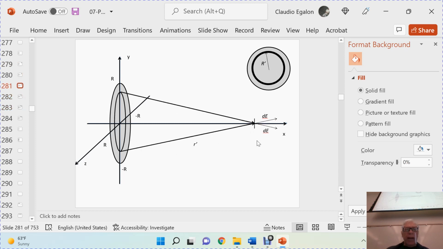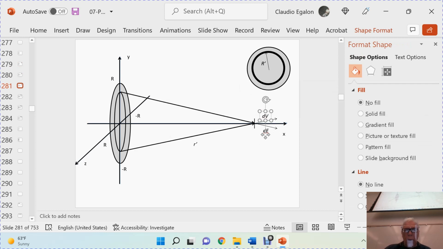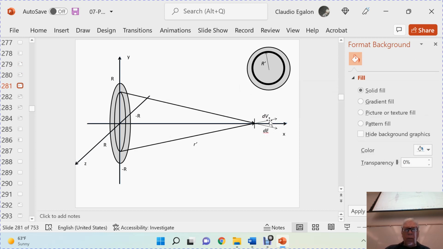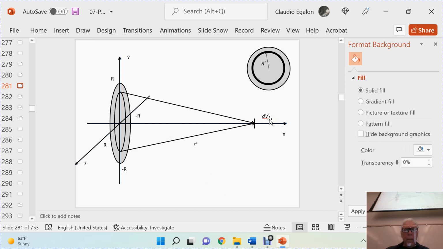But it's not an electric field anymore. Let me take the electric field out of the equation. I'm going to put a dV instead. It's almost the same figure. And then for the other one, I put a dV again here.